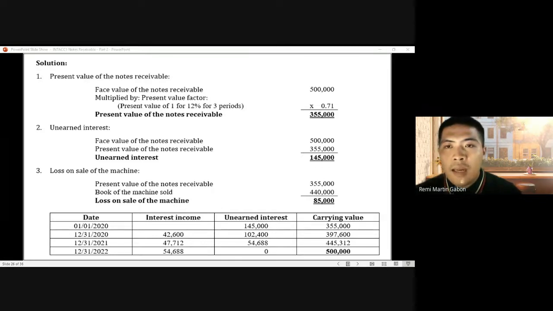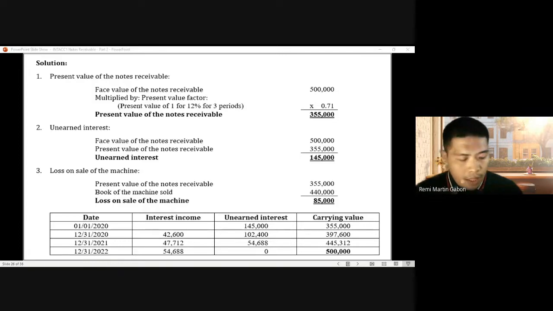Okay, full amount of 500,000. So adjust na lang tayo on the last figures. Okay? So to zero out the unearned interest, the interest income should be equal to 54,688. So if we're going to compare 500,000 minus 445,312, that should be 54,688.